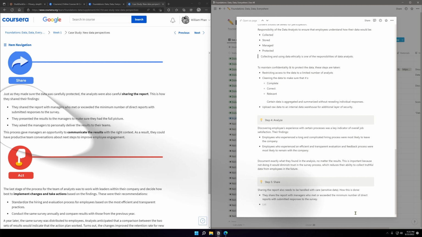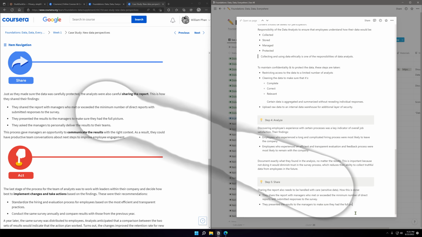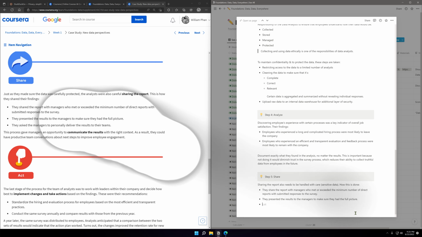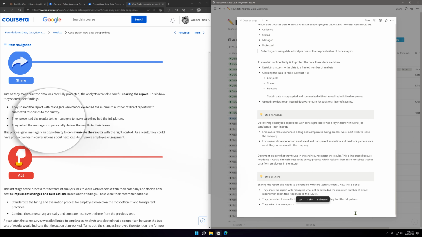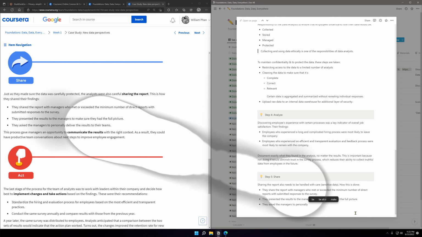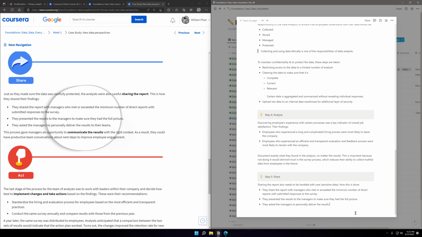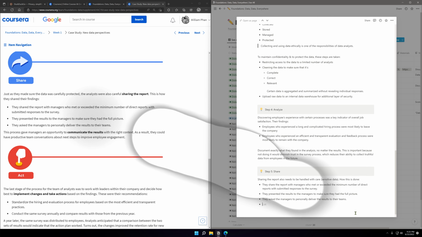They presented the results to the managers to make sure they had the full picture. They asked the managers to personally deliver the results to their teams.